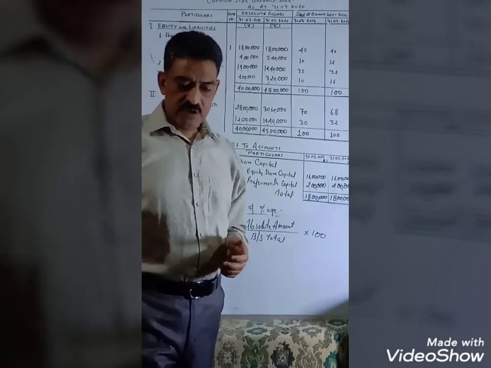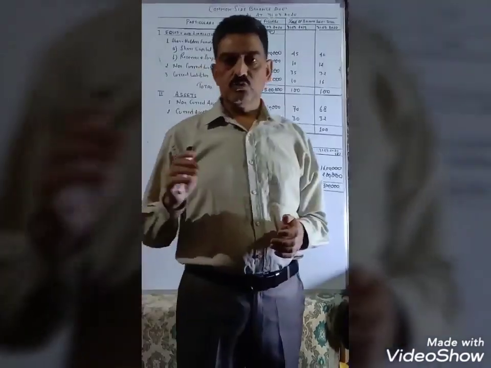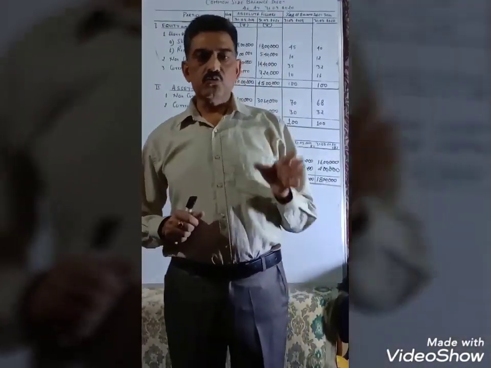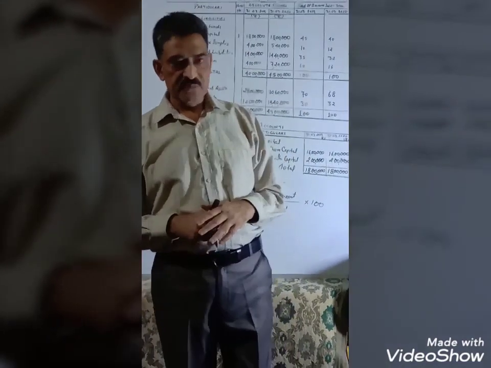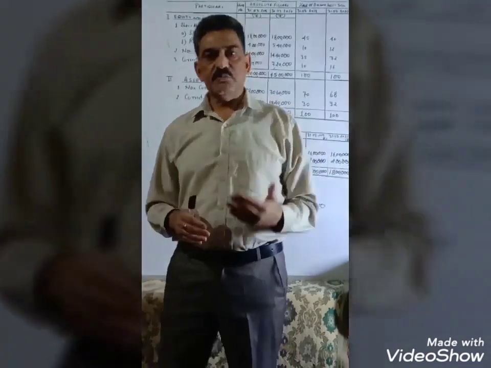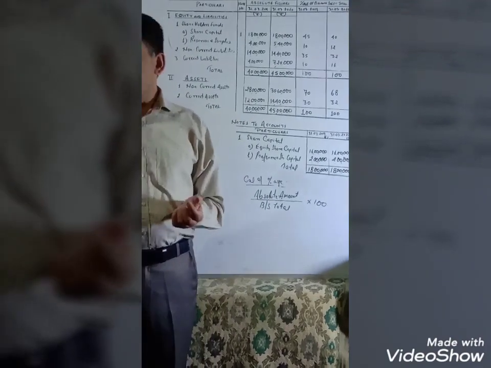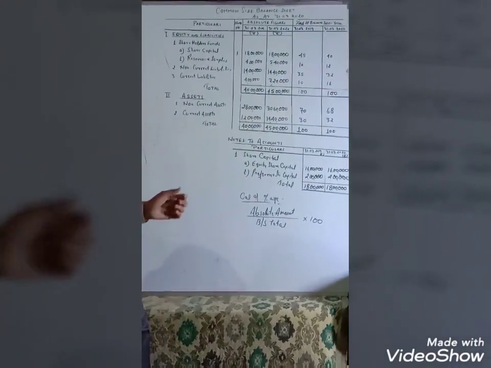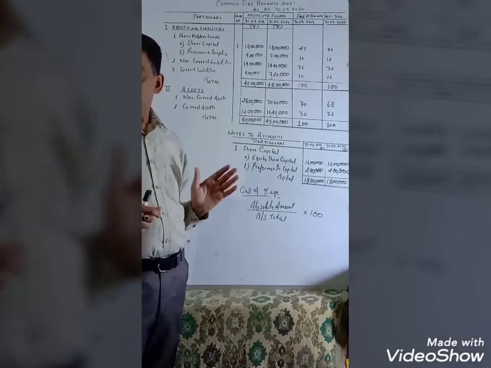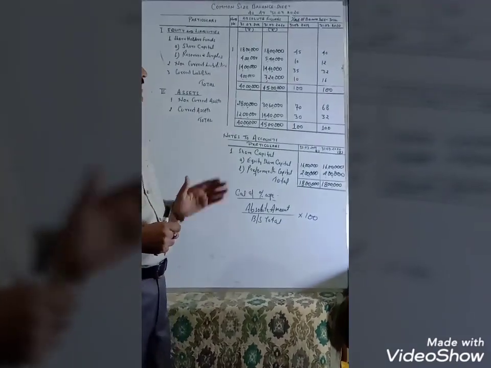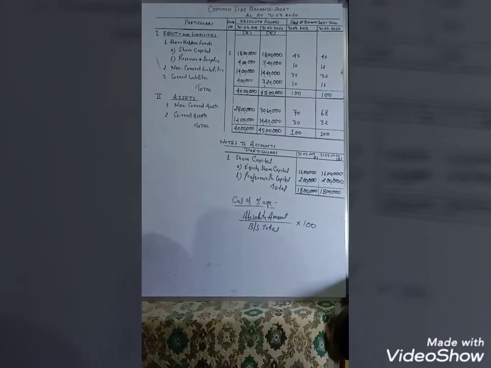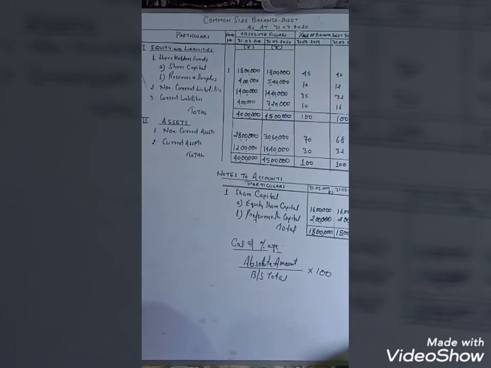Shareholders funds: in the practical problem, if you go through, you will find there are 2 types of share capital given: equity share capital and preference share capital. Equity share capital for the year 2019 is 16 lakh, and similarly, preference share capital is also given for the year 2019 and 2020, rupees 2 lakh each.